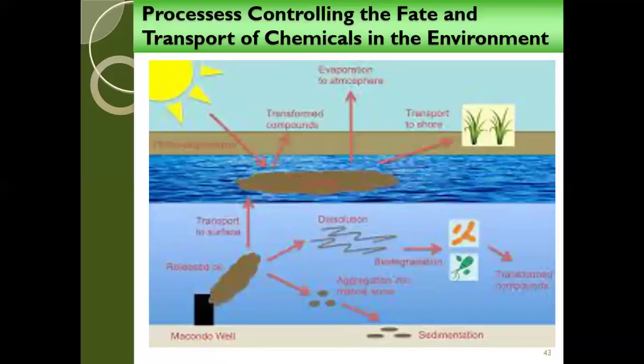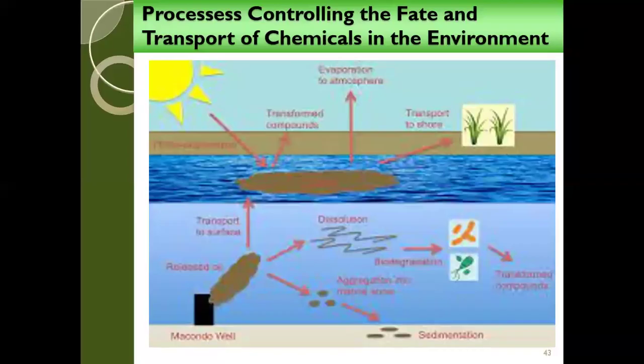They can dissolve. You have dissolution there, they can biodegrade. As they biodegrade into smaller units, they can be carried from one point to another, and so forth. They can become sedimented. Sedimentation is there. There are a number of these processes.